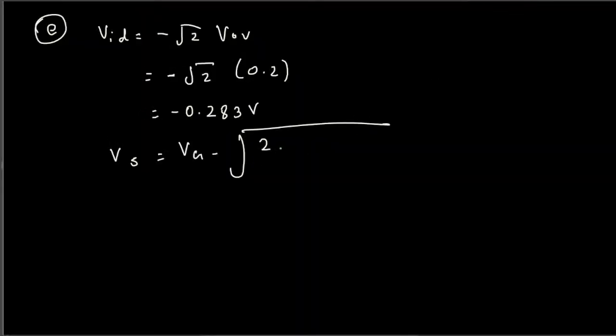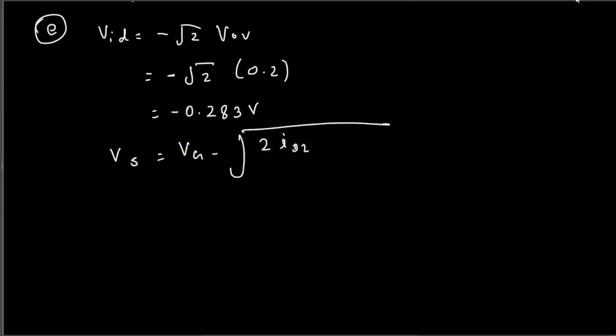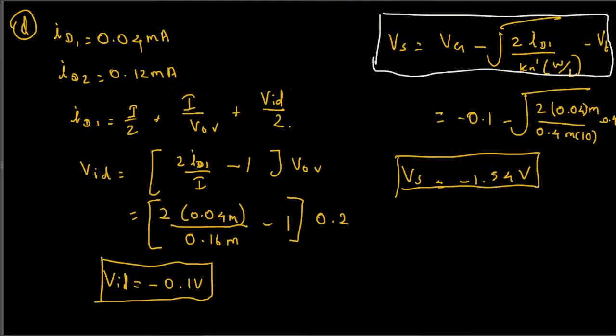So 2 times ID2 divided by Kn prime W over L. Oh, my bad. We still use the ID1, but yeah, we always use the ID1. But if it's 0, we substitute 0. Okay, ID1, and what else do we have?